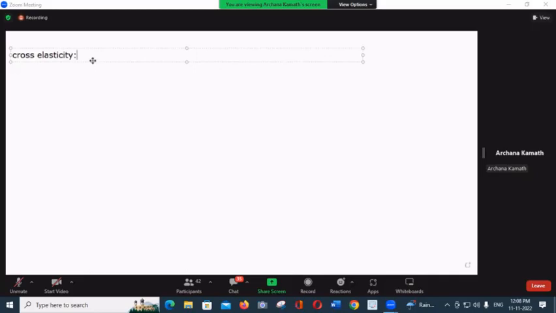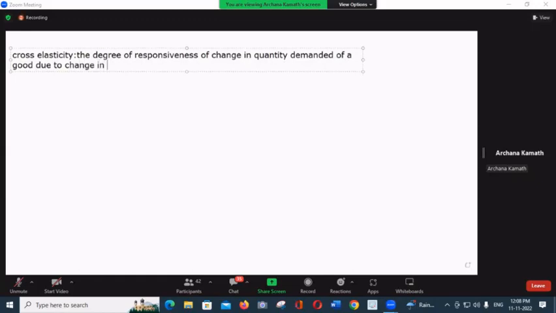Now, cross elasticity, it's like this: the degree of responsiveness of change in quantity demanded of a good due to change in the price of its related commodity.